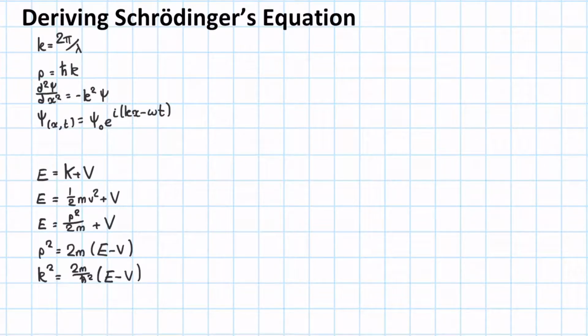And to get to this expression, we have used this equation here, and we have plugged it in to this equation here, and then simply divided by h bar squared.